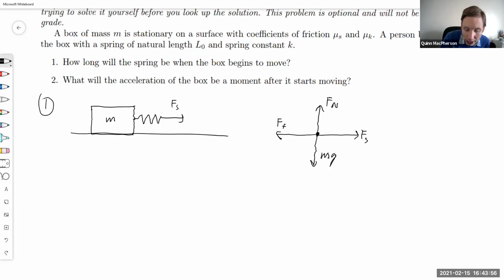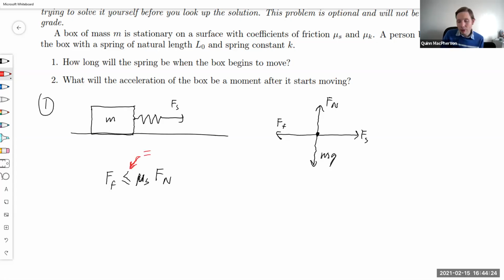So we can write the static friction, force static friction, I'll call that FF, is less than or equal to mu s F normal. In our particular case, because we want to know how hard you have to pull to get it to slide, this is actually an equal to, not just a less than or equal to.